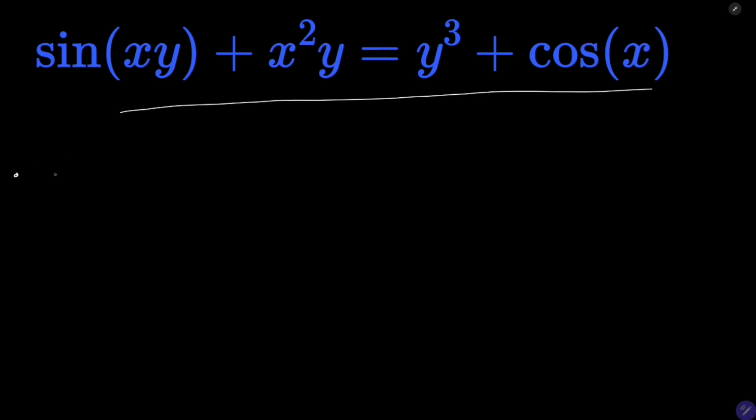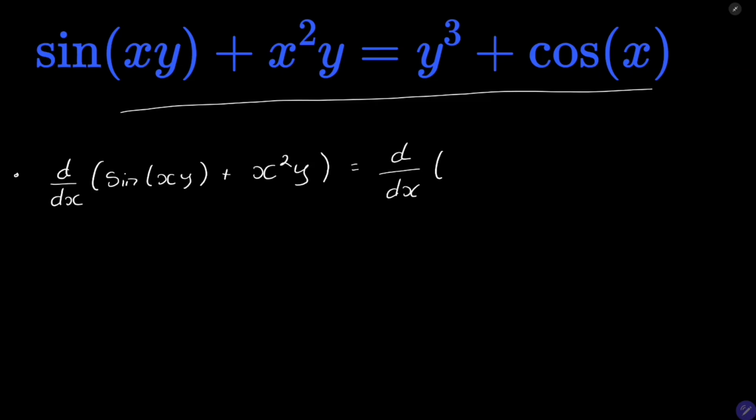So let's apply it. d on dx of our left hand side, sine of xy plus x squared y, equal to d on dx of y cubed plus cos of x.